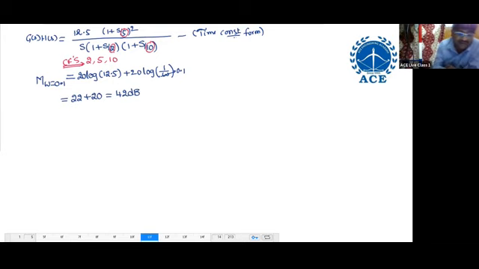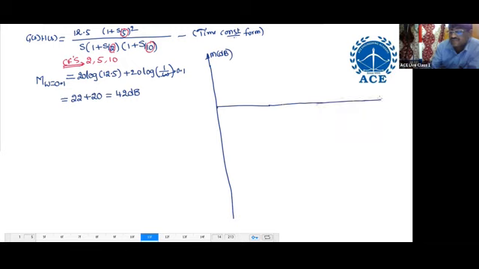Now draw the plot. This is magnitude in dB. This is omega.